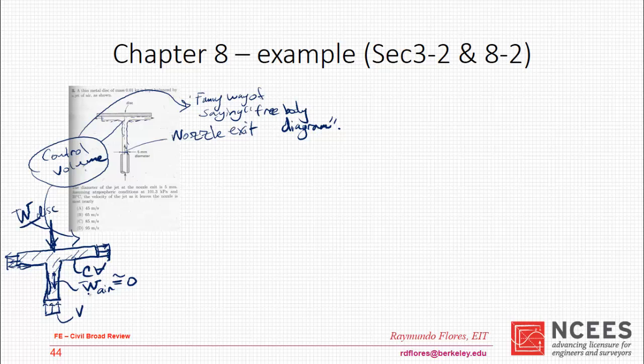If you go back, that's the equation: Q rho V. We know that's going to be 0. And thus, because we want the velocity, it's simply W disk.